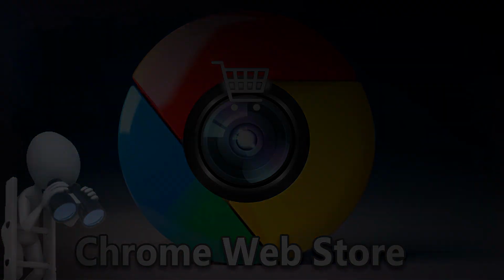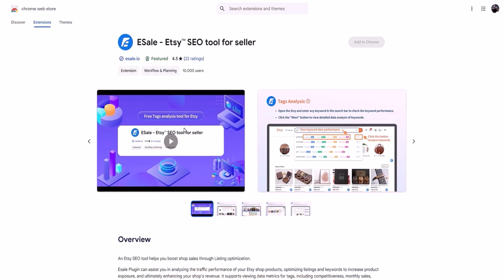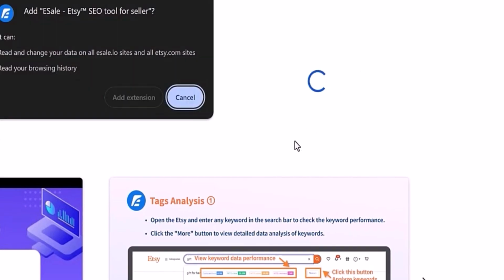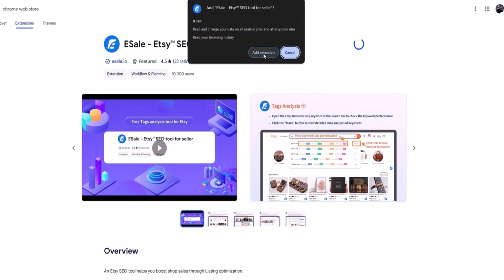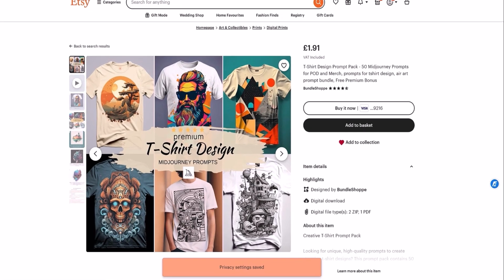To do this, go to the Chrome Web Store and find the EASale extension. The link is provided in the description of this video. Click the Add to Chrome button. Confirm your desire to install the extension. After reloading the Etsy store page, the EASale icon will appear.